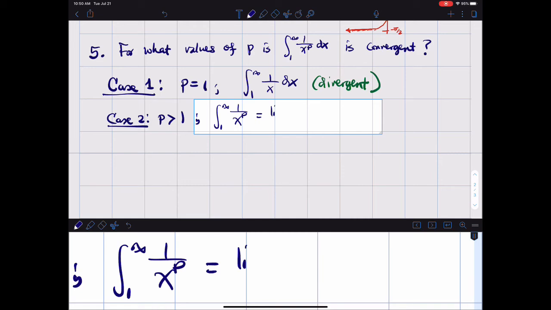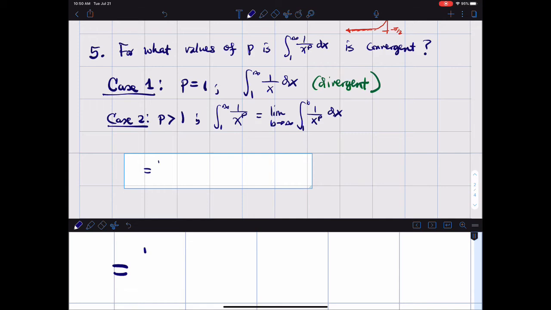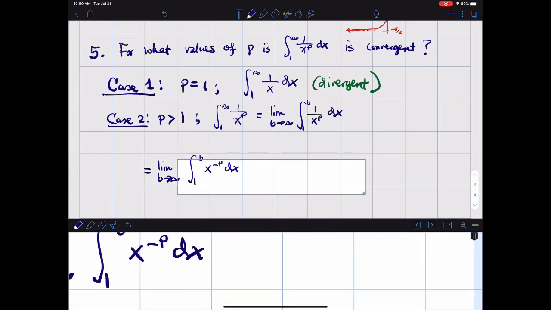Which would be the limit as b goes to infinity of the integral from 1 to b of 1 over x to the power of p dx. All right, so this is the limit as b goes to infinity of the integral from 1 to b of x to the power of negative p dx.